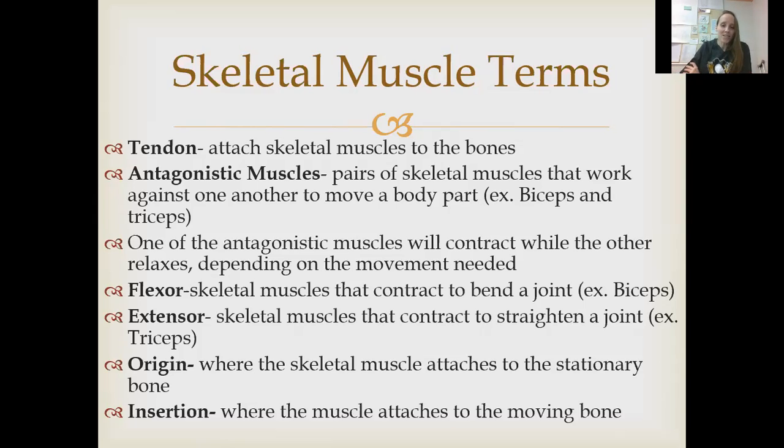And then extensors are skeletal muscles that contract to straighten a joint, like your tricep, which contracts to straighten your arm. The origin is where the skeletal muscle attaches to a stationary bone, and then the insertion is where the skeletal muscle attaches to a moving bone.